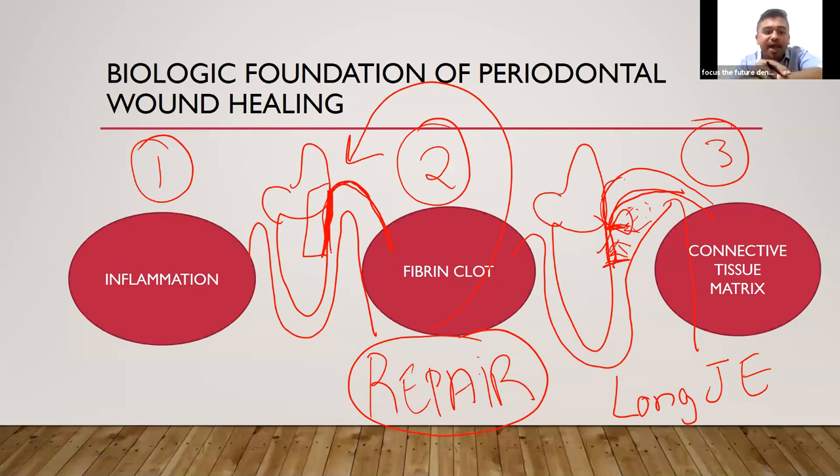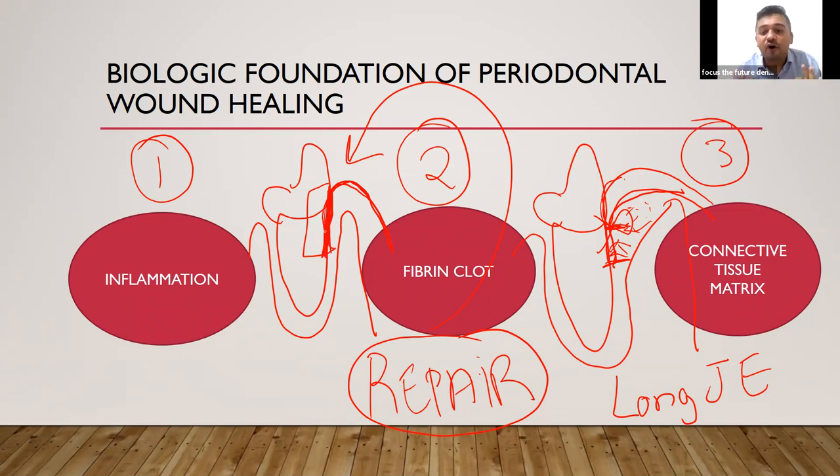Just like your hand, imagine you get a cut. What is the first healing process? The epithelium will form a layer on top of it and cover the wound. The same thing is happening here. The epithelium, that is your gingival epithelium or your oral epithelium, grows fast downwards in an attempt to cover the wound area.